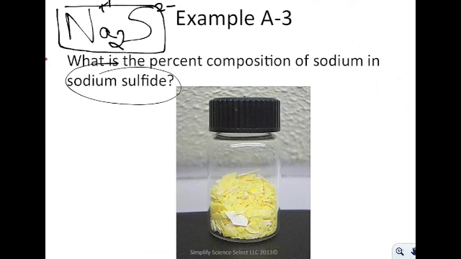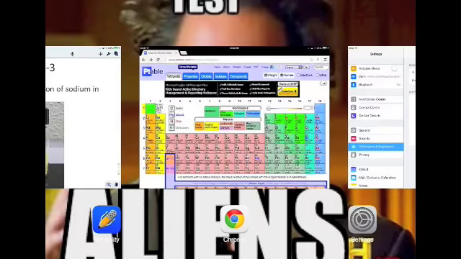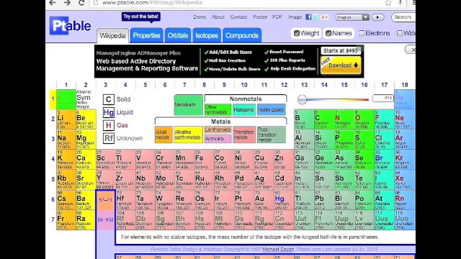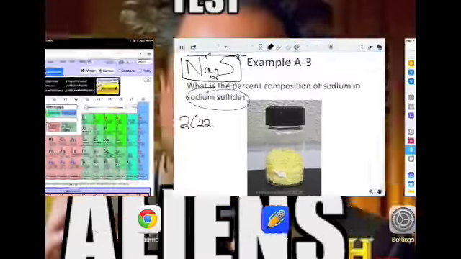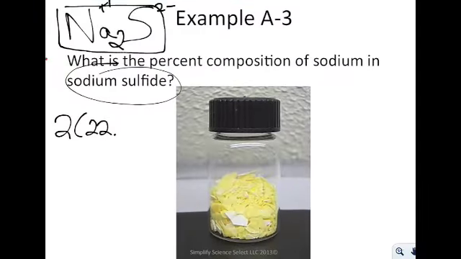So next what we need to do is we need to say, okay, what is the percent composition of sodium in this? So I have 2 sodiums, and sodium is, I think it's 22.989, but let's take a look. 22.989. Okay, so 22.989.